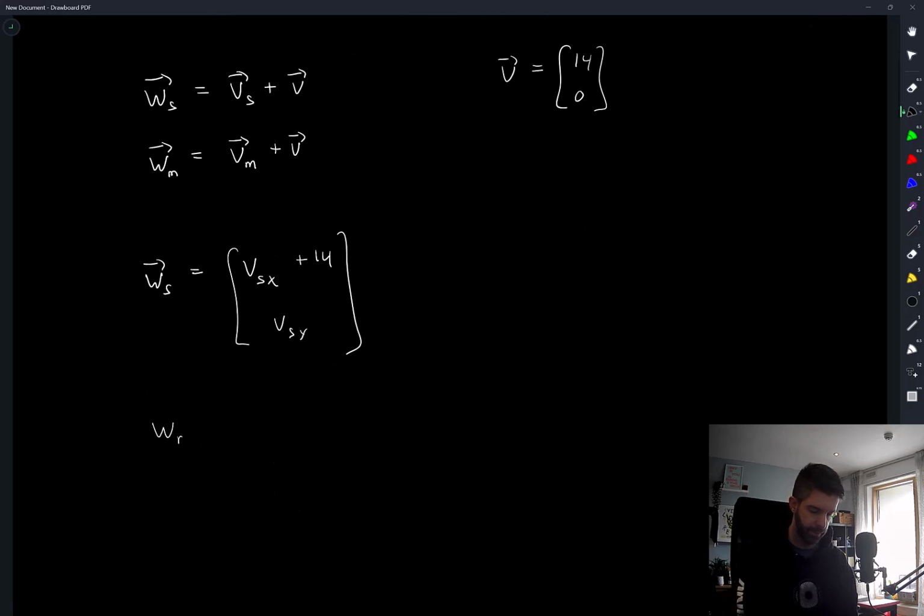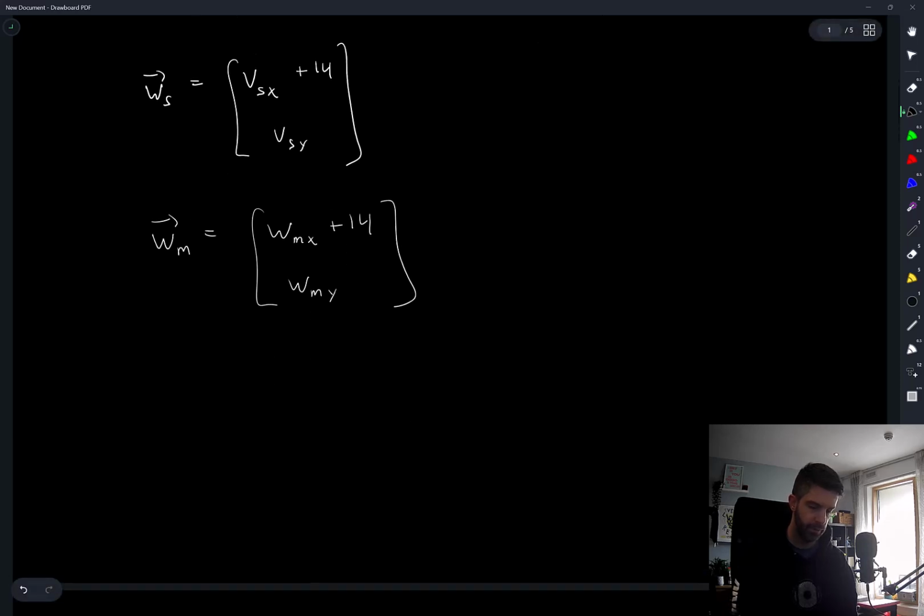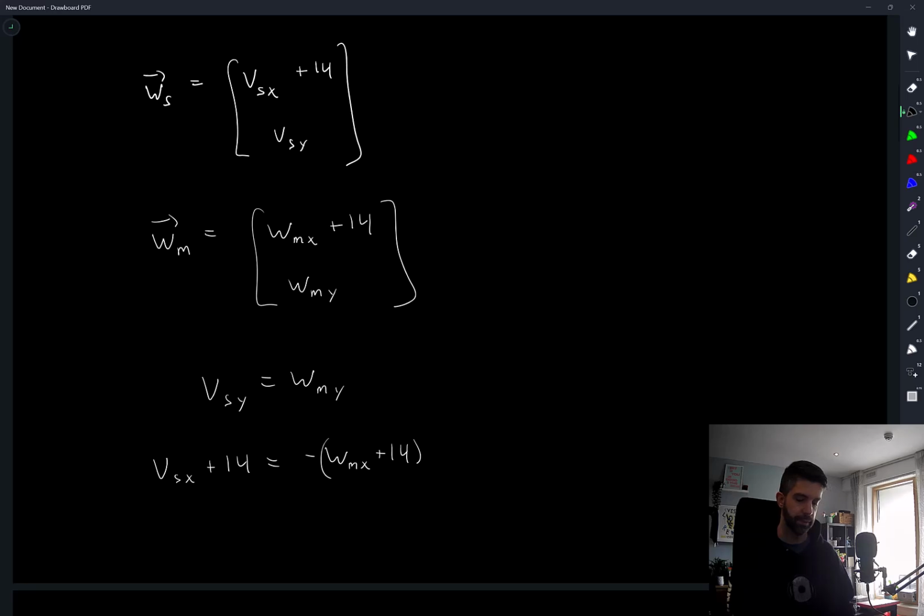And WM is this, Wmy, like so. So we know Vsy is equal to Wmy, and we know that Vsx plus 14 is equal to negative Wmx plus 14 in total, like this.